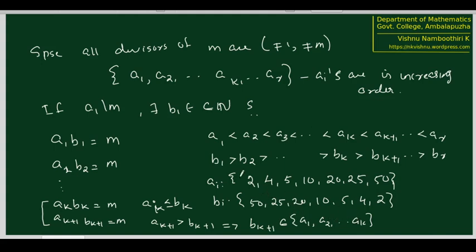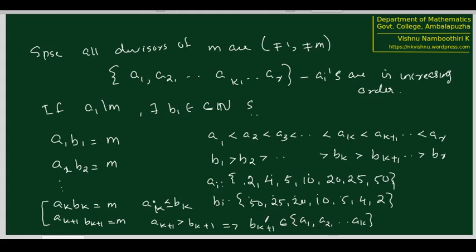If you see here, we have taken 2 into 50, 4 into 25, 5 into 20, 10 into 10. Now ak less than or equal to bk is satisfied. Next is 25. So ak plus 1 is greater than bk plus 1, but this 5 is already taken here as a3. So exactly like that, bk plus 1 we have already considered as a factor.